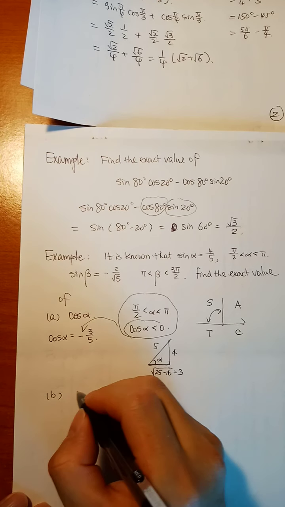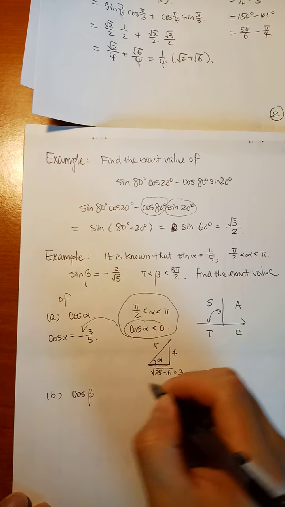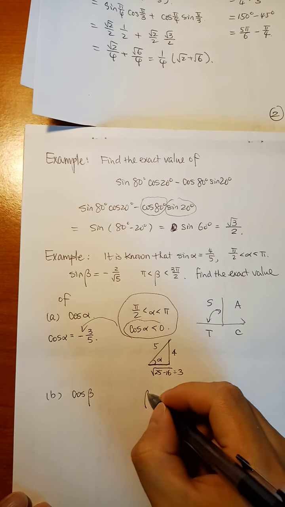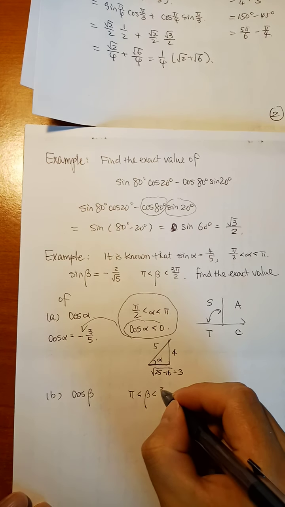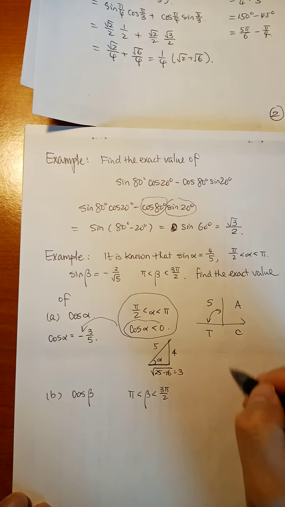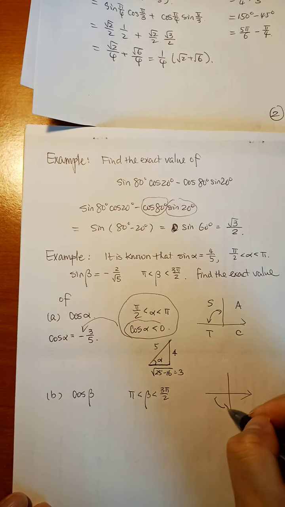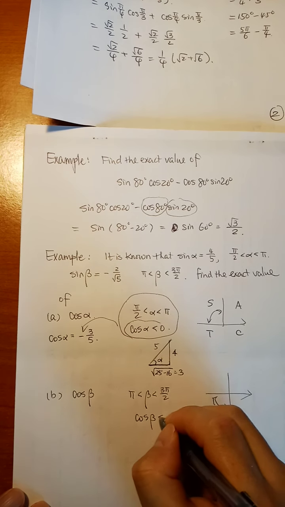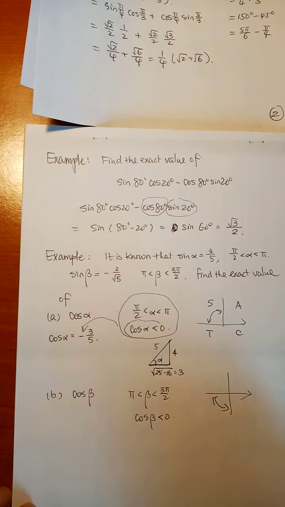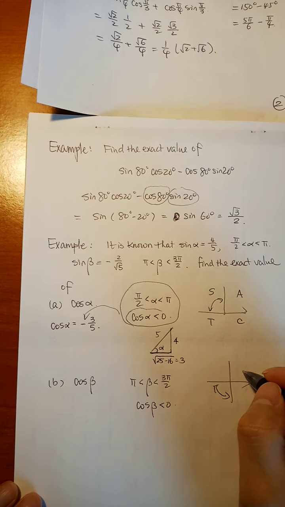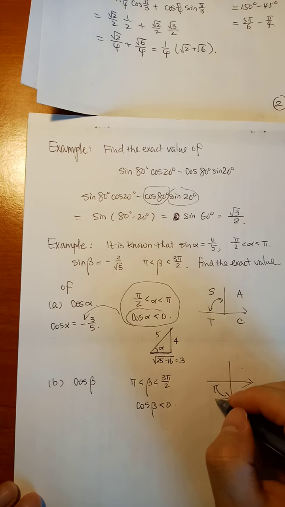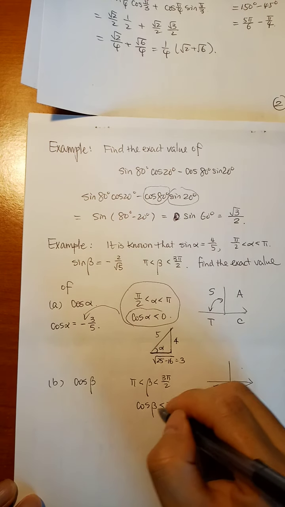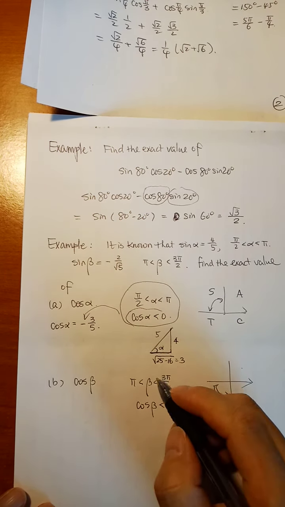And then we need the cosine beta. Again, where is beta? Beta is between pi and 3pi/2, the third quadrant. So cosine beta is also negative. Cosine beta is positive on the right side, negative on the left side. And after you determine the sign, let's see.